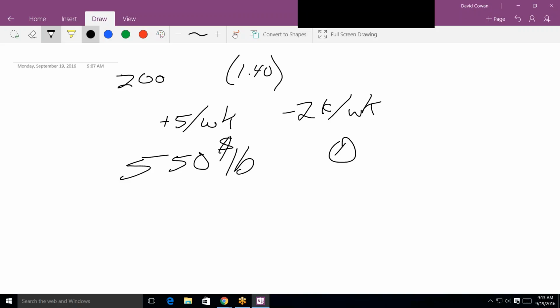And that's always where to go, the last sentence is a good place to start looking to define your variable. So if I let x equal the number of weeks, so the value of the pig, I'll use a capital V, equals, what should it be?